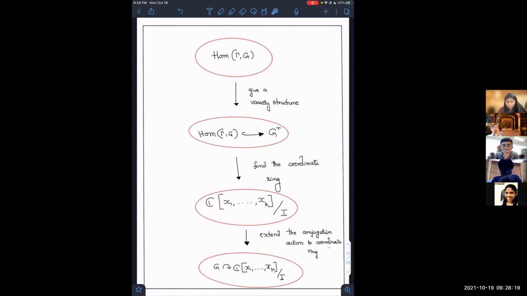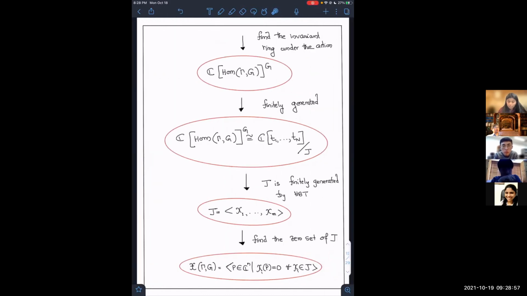Once we get a variety, we find the corresponding coordinate ring, which is a polynomial ring modulo the ideal of that variety, right? And once we have that, we look at the action of G on the coordinate ring, which came from the action of G on G^r, or the Hom set.